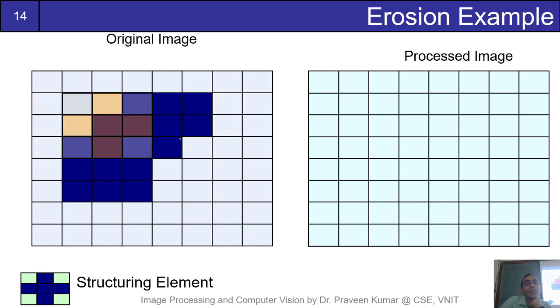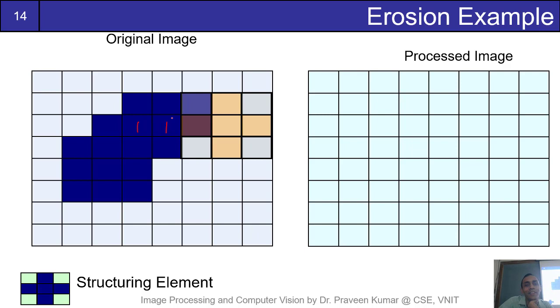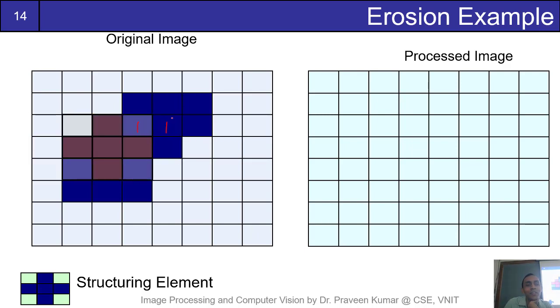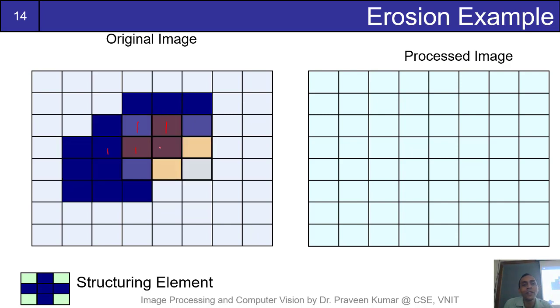In the next row, this is the first location where it fits. This will be another location where it fits. So here also it will be 1. This will be 1. This will be 1. Here it is not a fit and so on. Again here. This will be 1.